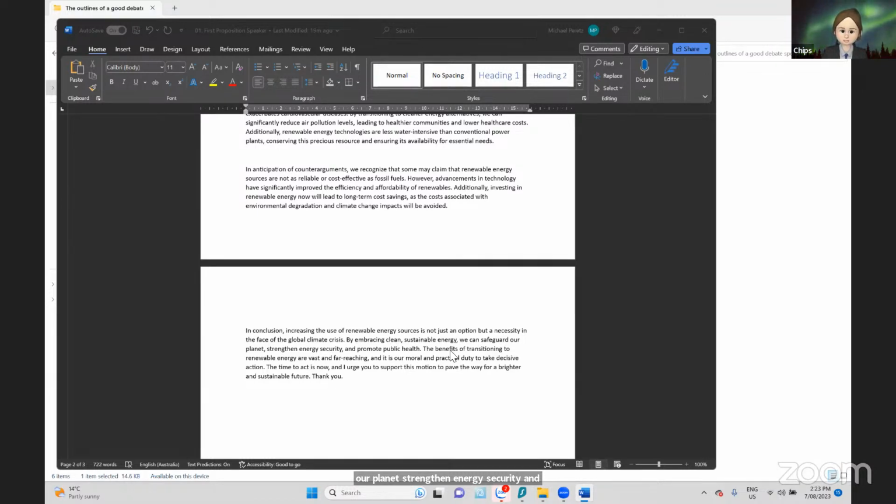The benefits of transitioning to renewable energy are vast and far-reaching, and it is our moral and practical duty to take decisive action. The time to act is now, and I urge you to support this motion to pave the way for a brighter and sustainable future.